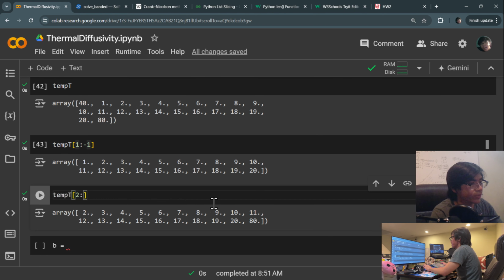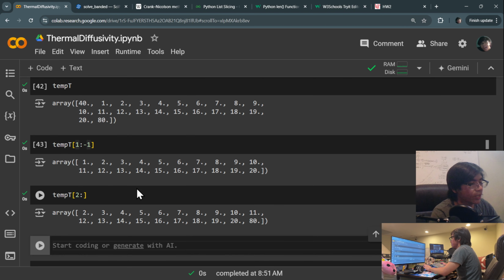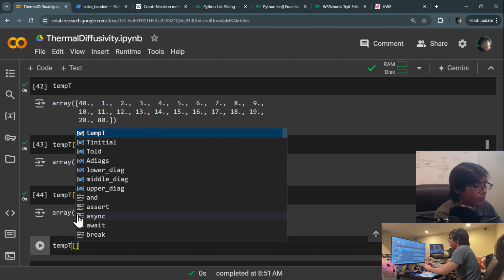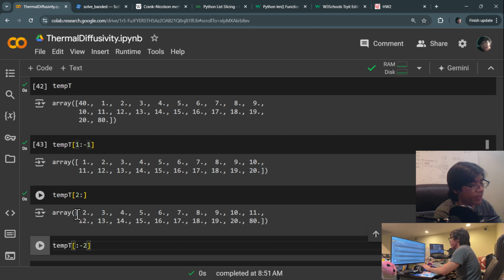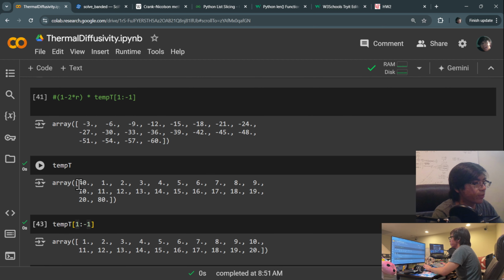Awesome. And then what's next? Our previous position. So it's temp T from the start to the end, but we stop at -2 so that we go from 0 to 19. Let's remember, this is our positions we're interested in. Positions to the left would shift this over to 19 and then start at the very beginning.